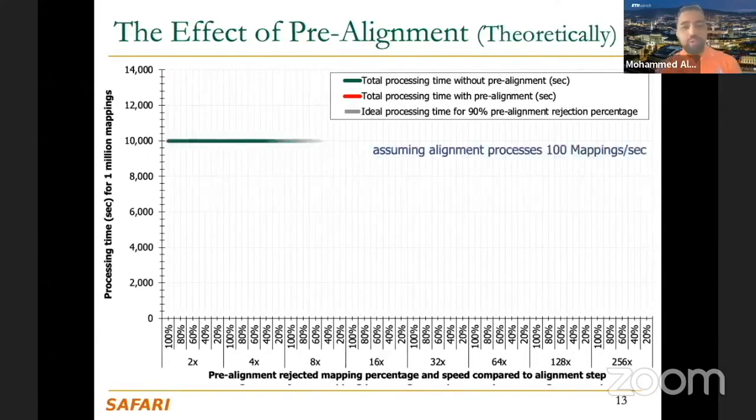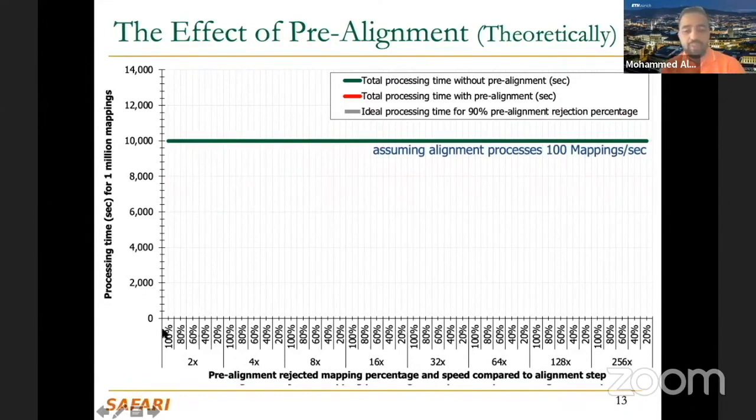Now, remember, going back to the question I asked earlier, why we cannot remove all incorrect mappings or all dissimilar sequences. This is a plot that has too much information, so I really need your focus here. In the x-axis, we have information on the filtering.